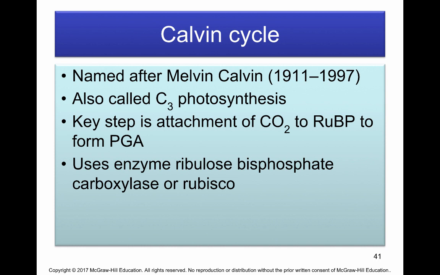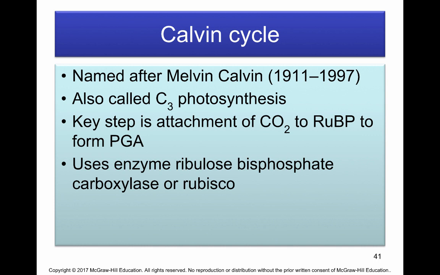The key to the Calvin cycle is the fixation of carbon dioxide to RuBP. At this point, carbon dioxide is a gas that's dissolved in the fluid stroma, and until that gas joins with or is accepted by RuBP, we can't make any sugar.